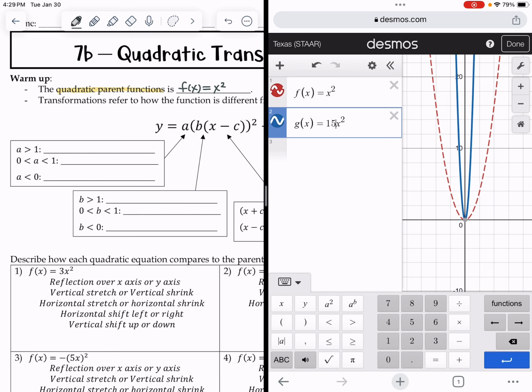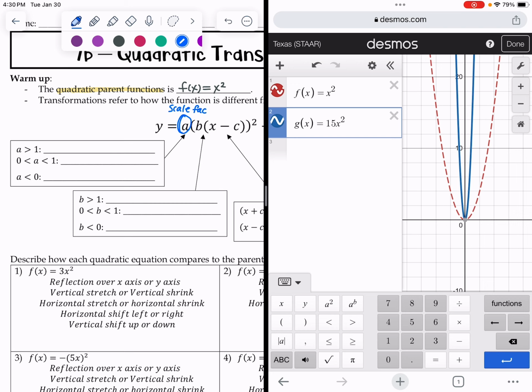If you think of stretching a rubber band, the more you stretch it vertically up and down, the narrower it looks. And so anytime you have a scale factor, that just means you're multiplying.